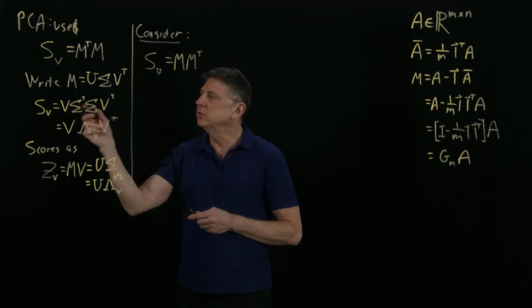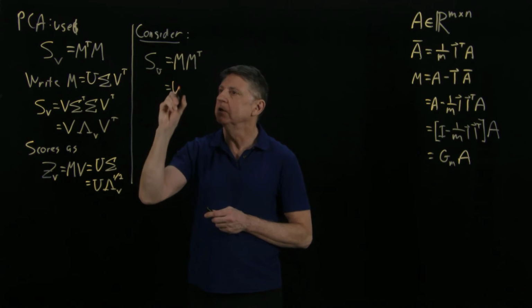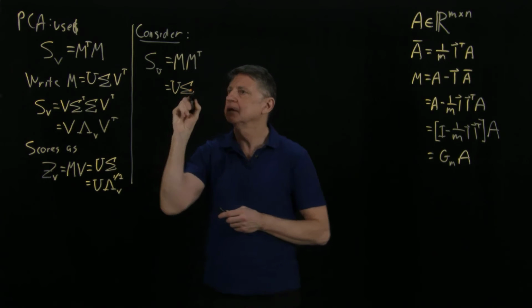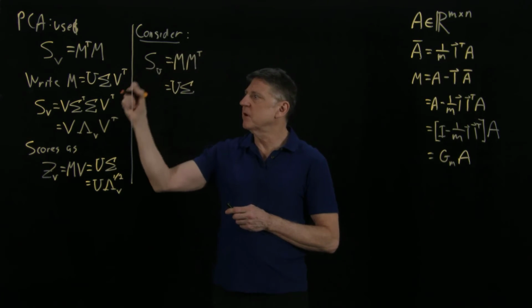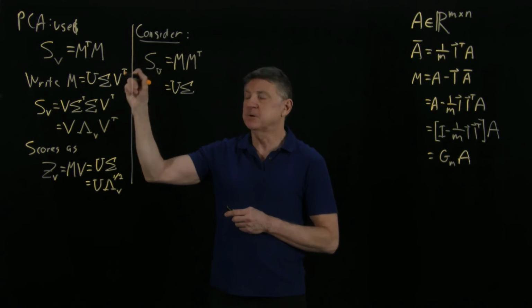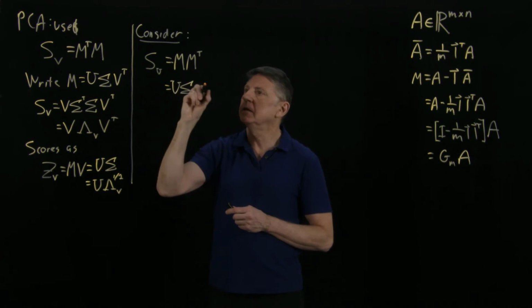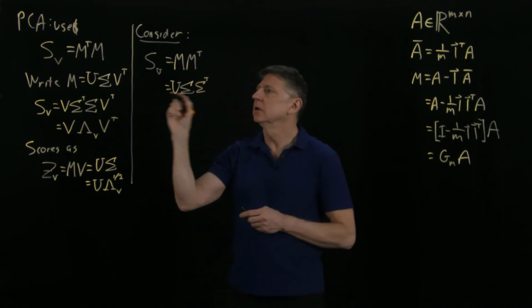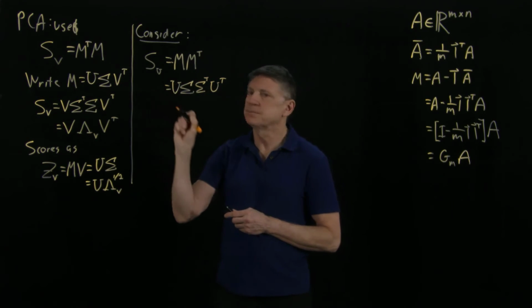If we use the singular value decomposition, we can see that M will be U times sigma times V transpose, and then when I do M transpose, that will go over to be V, and V transpose times V is the identity, so that's eliminated, times sigma transpose times U transpose.